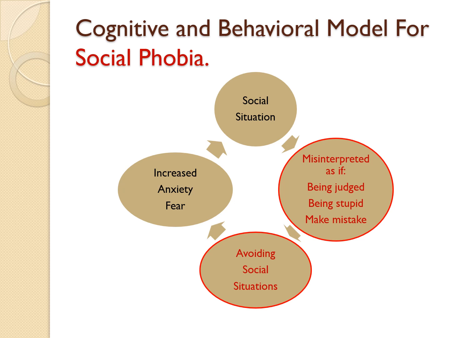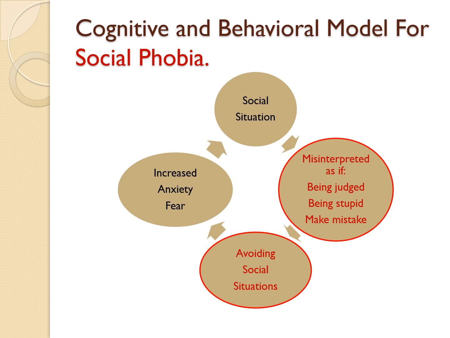In social phobia, the cognitive part is that it is misinterpreted as if the person is being judged and being considered stupid, or the person himself thinks that I will definitely make a mistake while presented to a social situation.